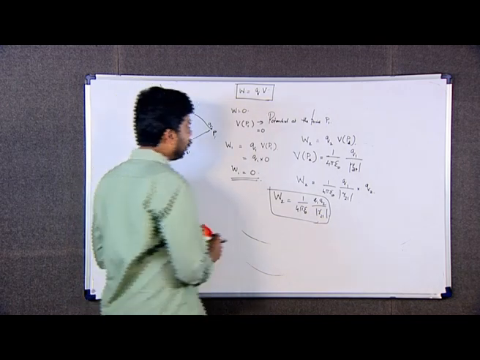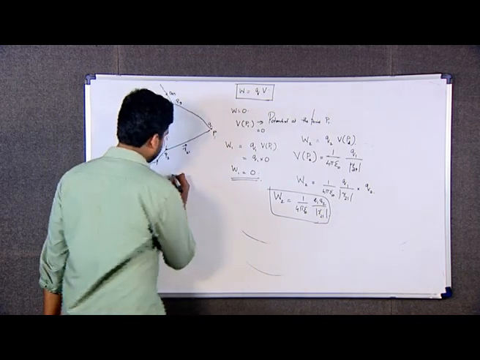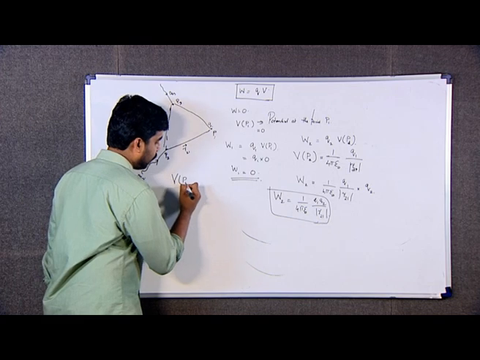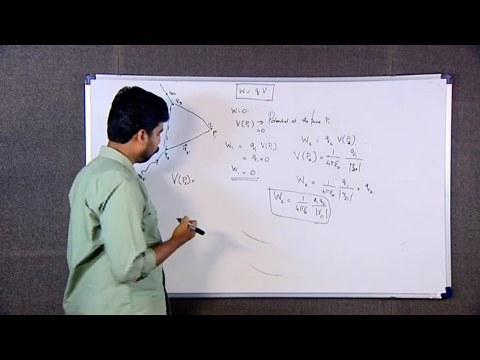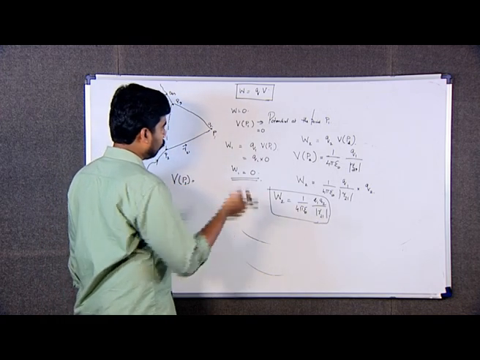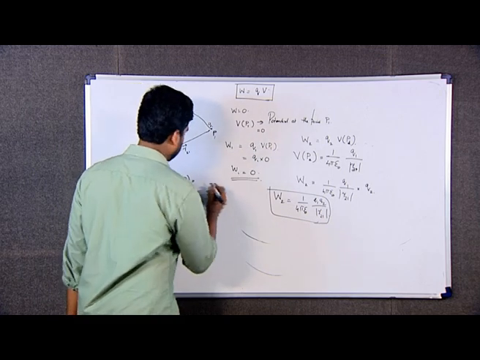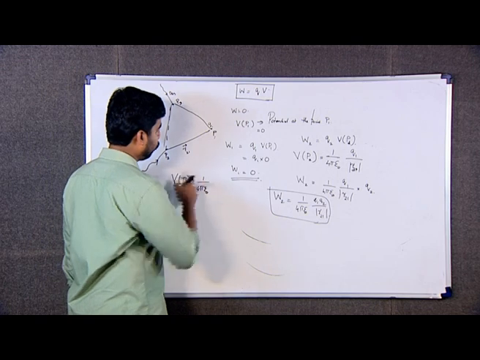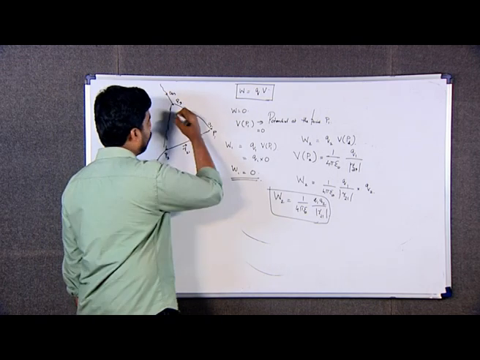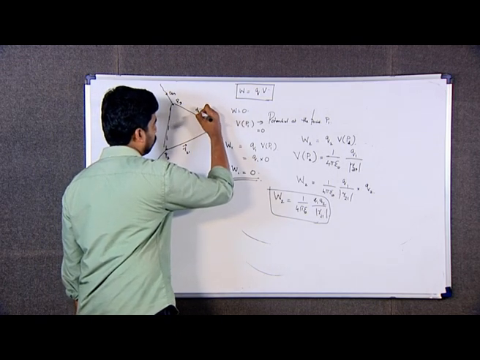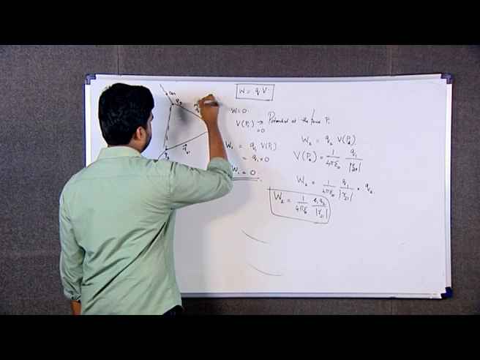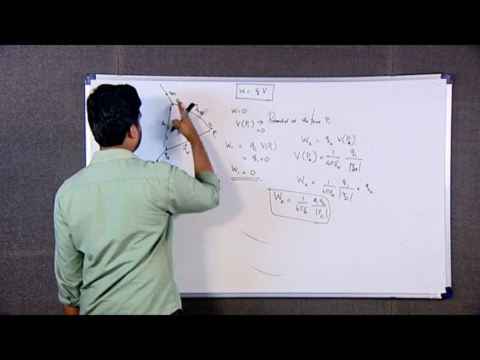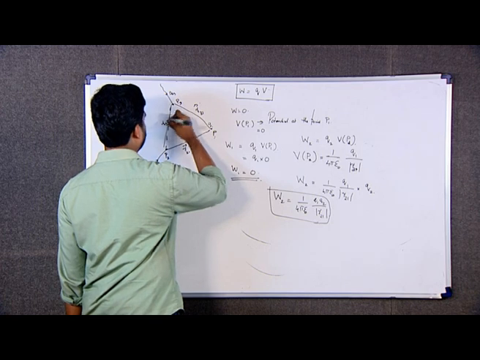So, V at P3 can be written as Vp3 is equal to 1 by 4 pi epsilon 0 due to the charge Q1 by, I name it as R31, the vector R31, and now the vector R32.